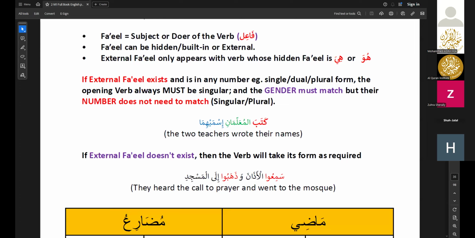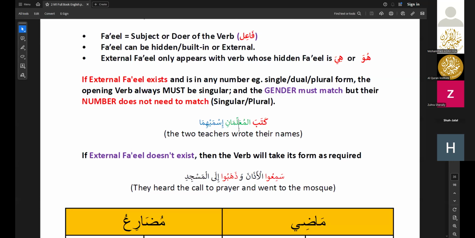What is matched is the gender, but not the number, because the fi'l is mufrad, singular, and the fa'il is dual, tasniya, because the number does not need to match in jumlatul fi'liyyah. All we need to match is the gender only. And that's what happened here.